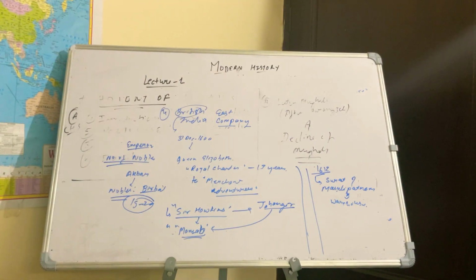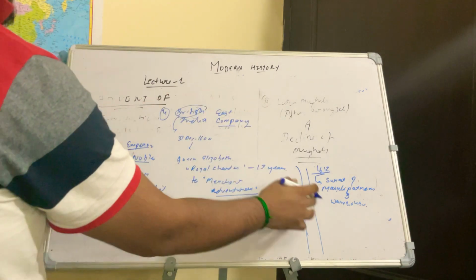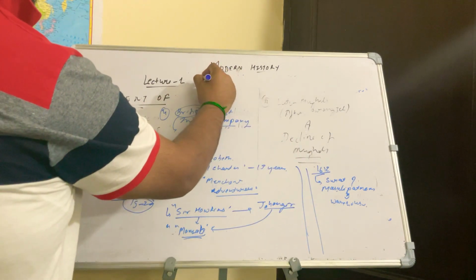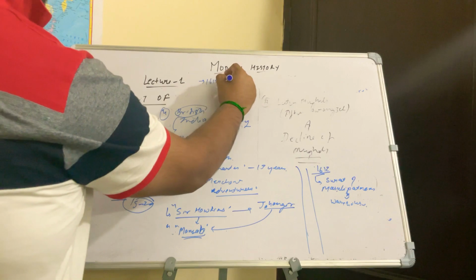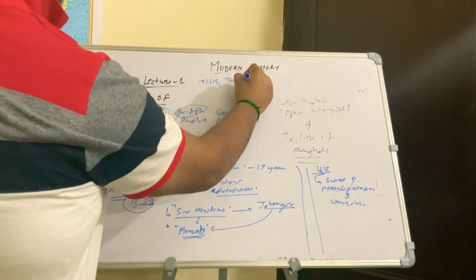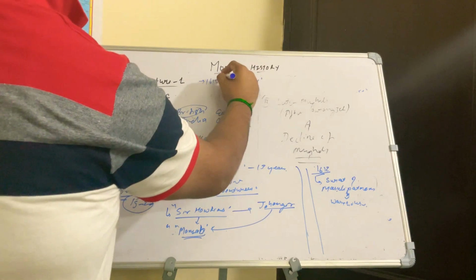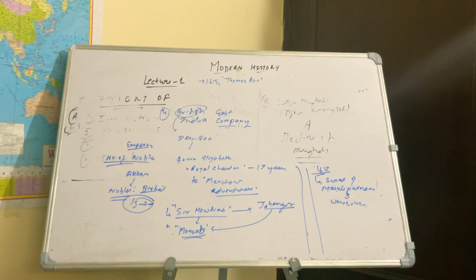By next point, 1615, Sir Thomas Roe. I'm going to write next point here. 1615, Thomas Roe visited Jahangir court, and British were granted further trading concession, after which they established factories at Agra, Ahmedabad and Bharuch.